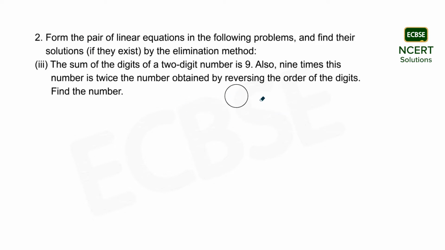Now, coming to the problem, what has been asked: the sum of the digits of the two-digit number is 9. So, let us first assume the digits of the number. Let the two-digit number be xy.